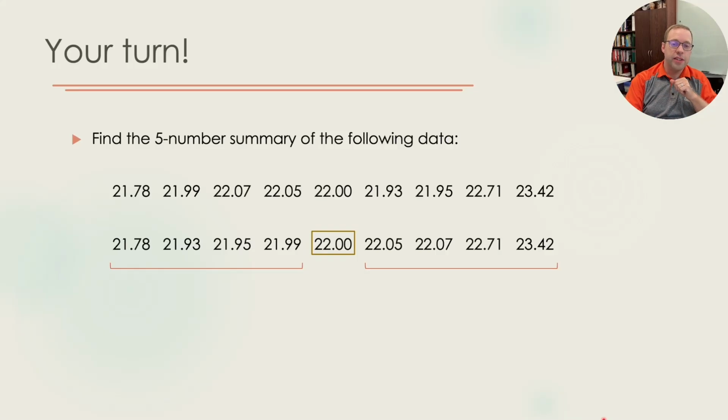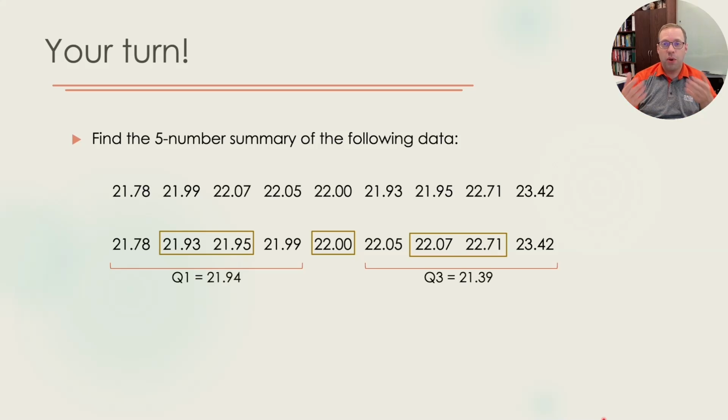All right. So since there are 4 values on each side, that's an even number of data points. We're going to have 2 values on either side to help us find the quartiles. We just take the average of these 2 numbers. Quartile 1, which I'm going to abbreviate from now on as Q1, is going to be the average of 21.93 and 21.95.